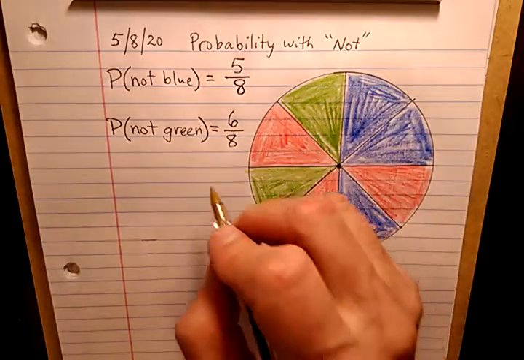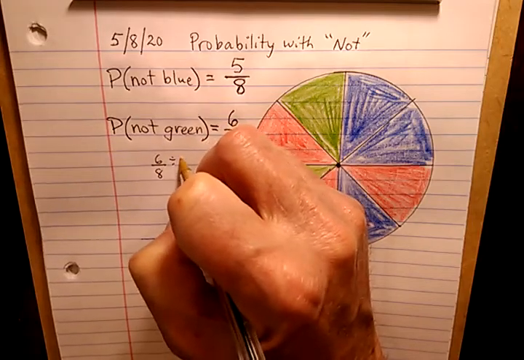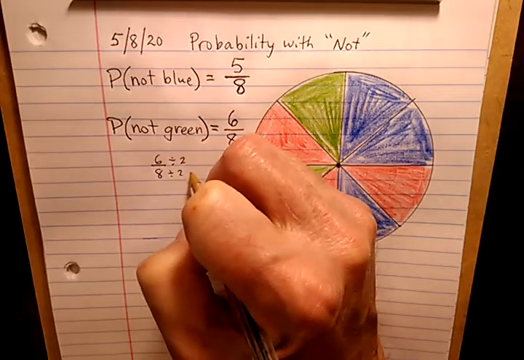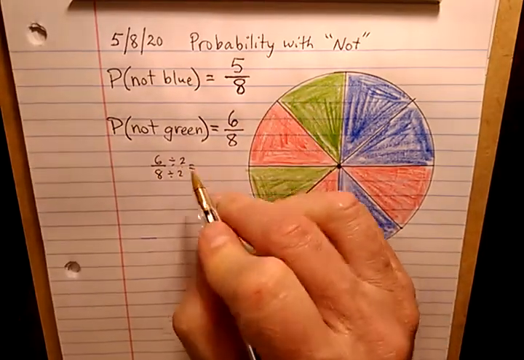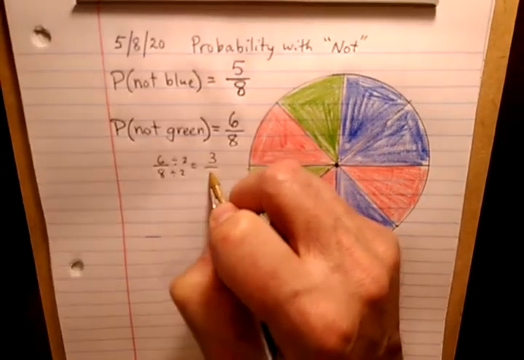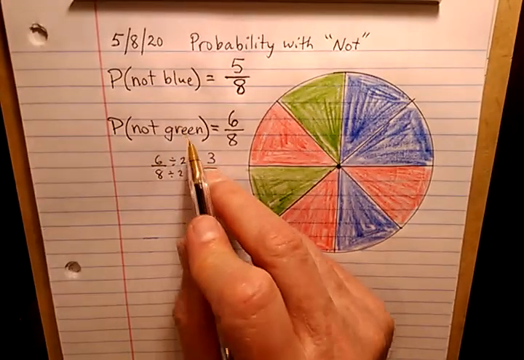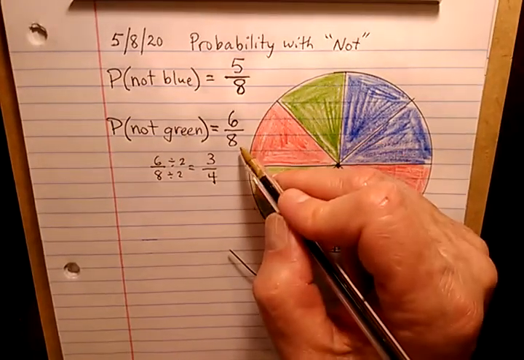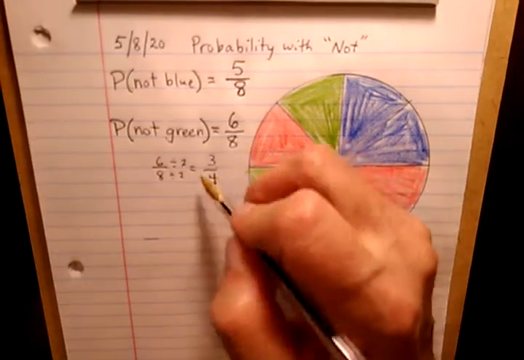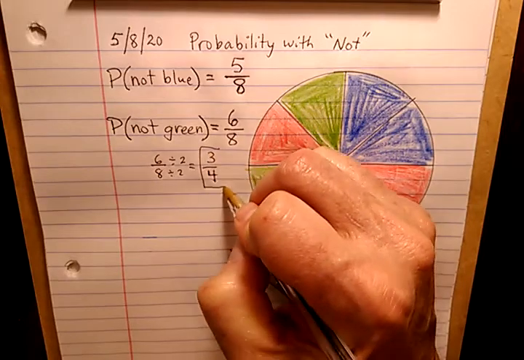So 6 out of 8 can be simplified because I can divide by 2 on top and divide by 2 on the bottom. 6 divided by 2 is 3. 8 divided by 2 is 4. So we could say that the probability of not spinning a green would be 3 out of 4. 6 out of 8 is a good answer, but this is a simplified answer, 3 out of 4. Okay, so we could use that one.